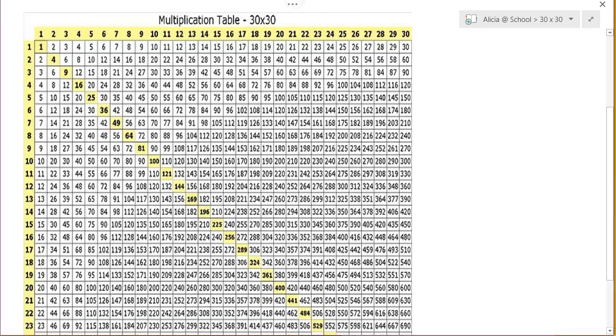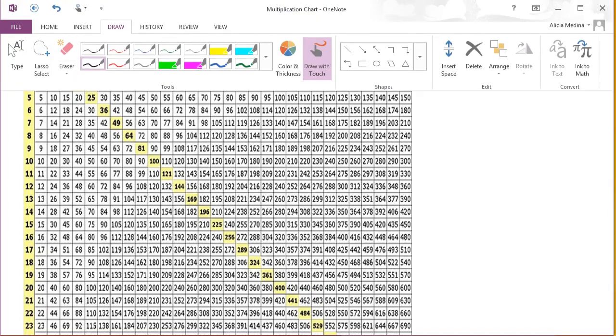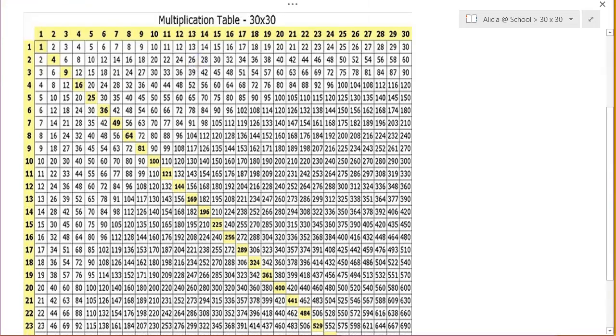I'm going to go ahead and highlight some spaces. I see 18 right here, 18 times 1. But 18 and 1, if I have 18 plus 1, that adds up to 19. I need to add up to 9 because that was my middle term.